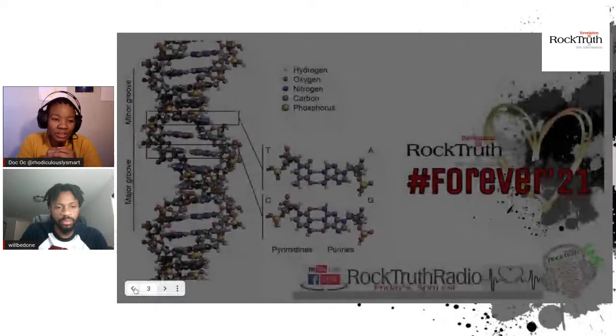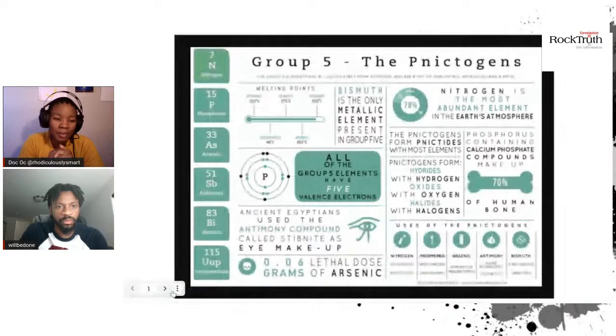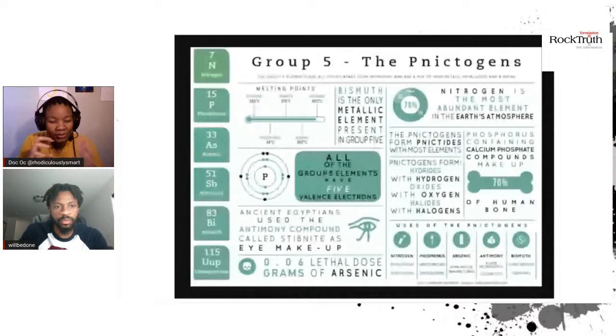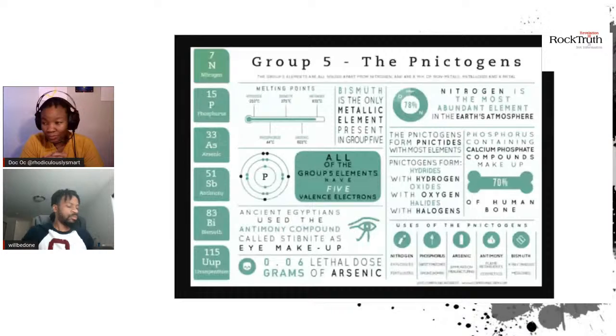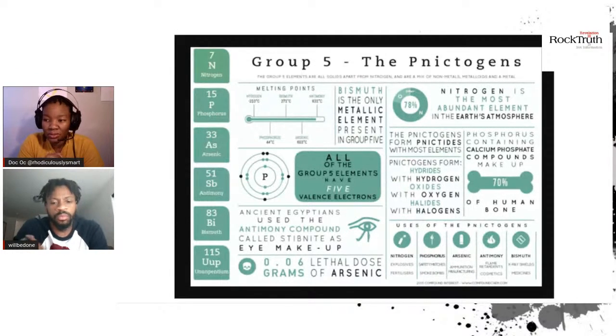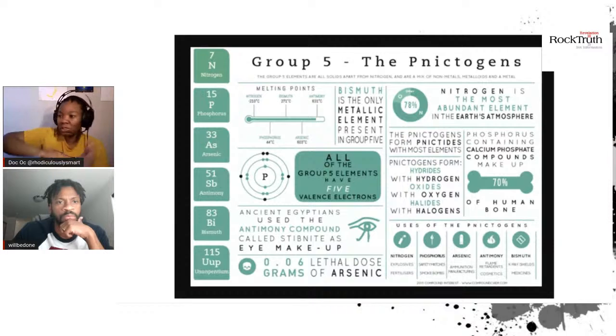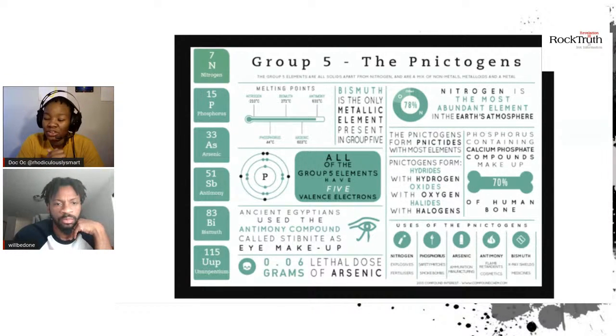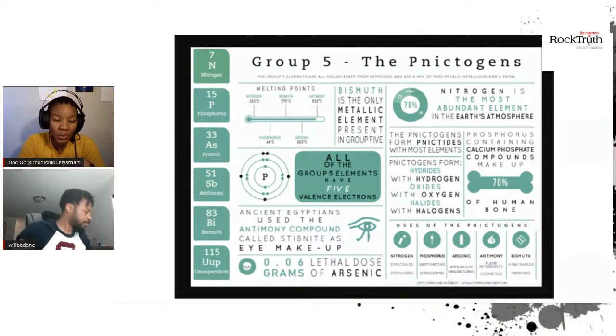So nitrogen will form compounds with those very readily, even though it's happy in its triple-bonded nitrogen molecule. Phosphorus does the same with those. Like I said, this whole group forms compounds with hydrogen, oxygen, and the halogens very readily, and that's usually what brings them into their organic forms.